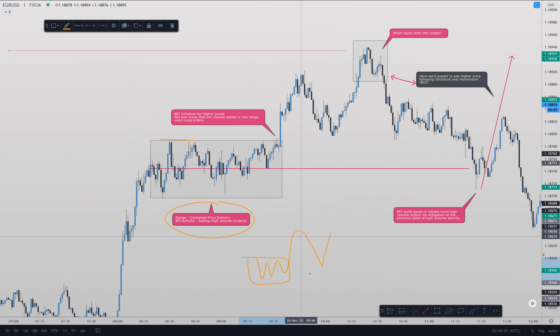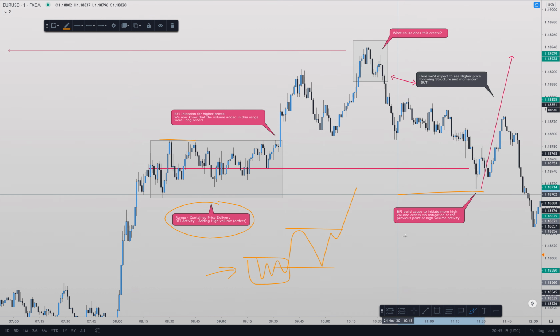This is where we will look for the last buy to sell, sell to buy, the OB, the range, essentially that point of interest we're looking to possibly get involved in. After that mitigation, we would expect to see a continuation, with cause built and then price continuing in that original intention direction that we're seeing here.